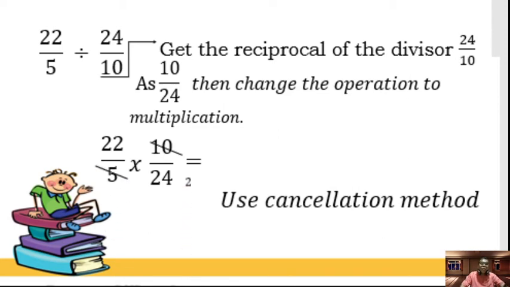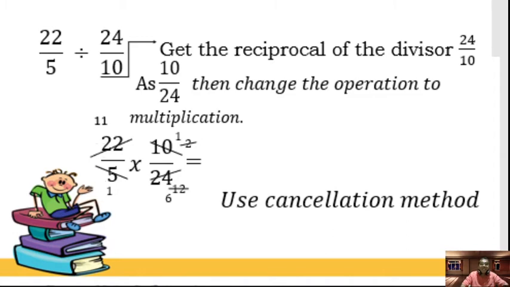22 and 24. That will become 11 and 12 respectively. Then cancel 2 and 12. And 2 will become 1 and 12 will become 6 and proceed to multiplication.